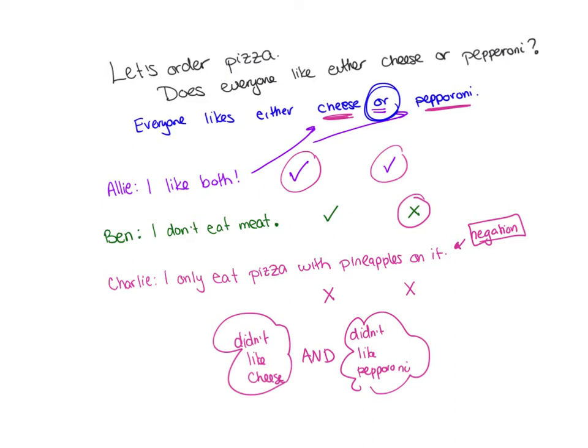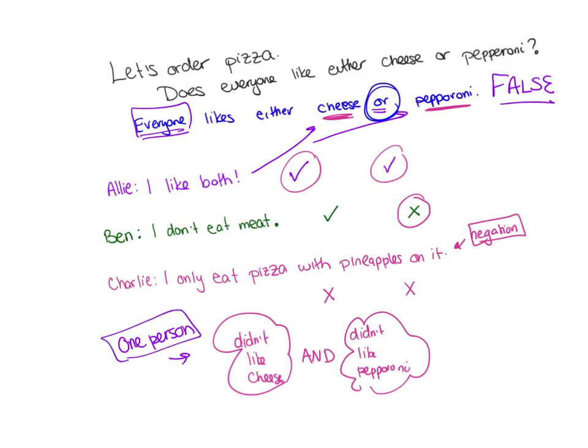So that's one thing I wanted to point out. The other thing I want to point out, and we'll talk about this a bit more: to find out that this statement was false, that everyone liked either cheese or pepperoni, we just found one person who didn't. So in order for that one person to not like either of them, that's going to negate the everyone.